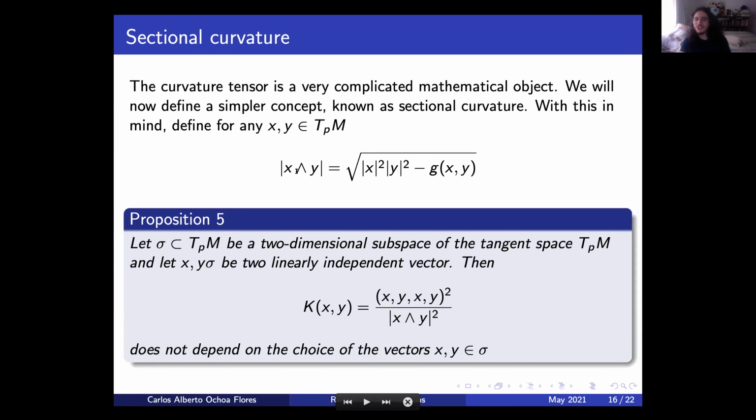No, the wedge is not the wedge in the usual sense. This is just notation, right? This is supposed to denote the area of the parallelogram spanned by these two vectors. Okay, yeah, that's okay.